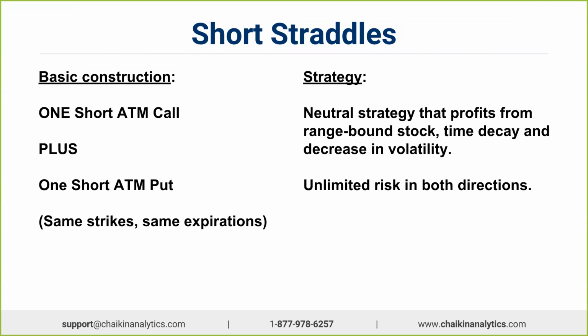They're different option levels. Level 1 is you can do cash secured puts and covered calls, level 2 they let you do singles, and level 3 they let you do spreads. This is whatever the highest level is to do something like this. In fact, most of the strategies today require higher levels of option permissions with your broker. This one is going to require the highest, and it has unlimited risk in both directions.